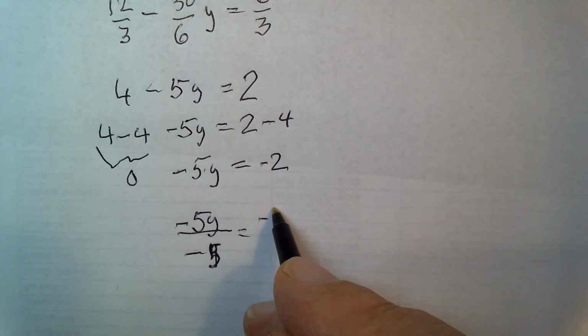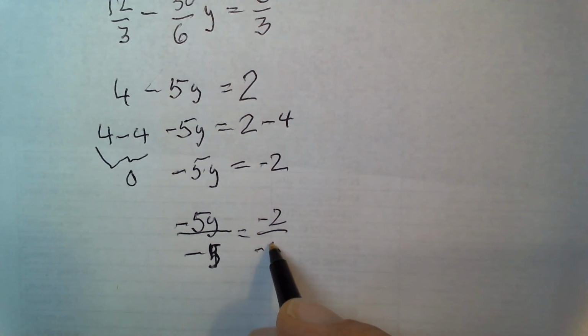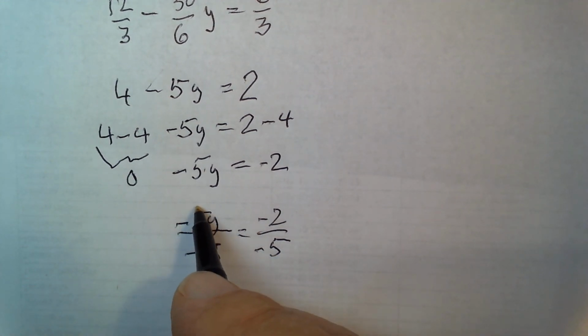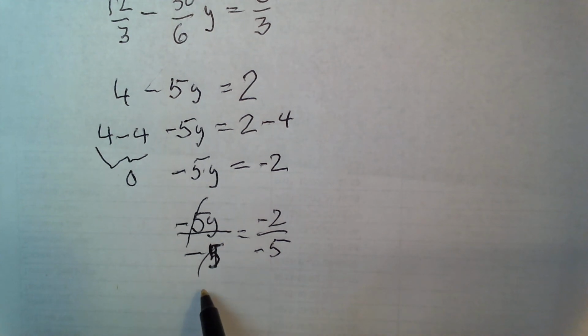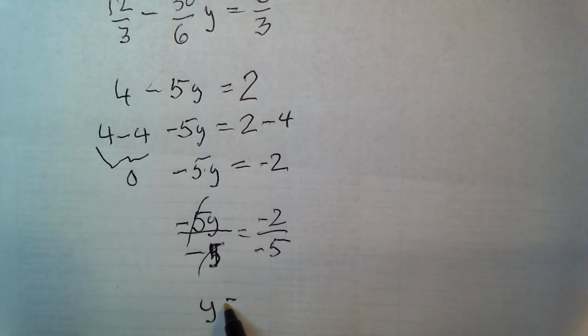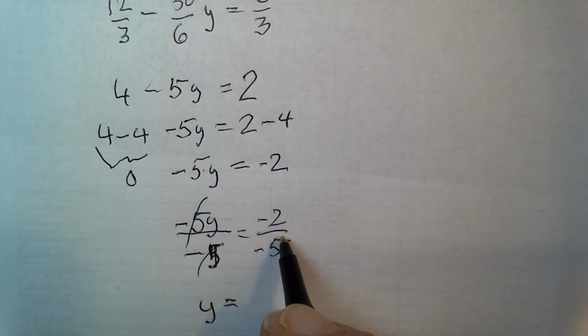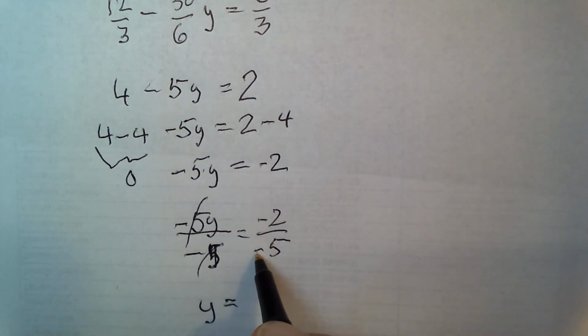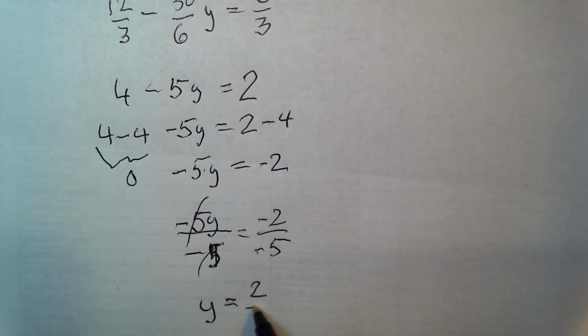So we have minus 2 divided by minus 5. So here on the left side, the minus 5's cancel, and we only have y now. Y is isolated. And on the right side, a minus divided by minus is a positive, so we wind up with y equals 2/5.